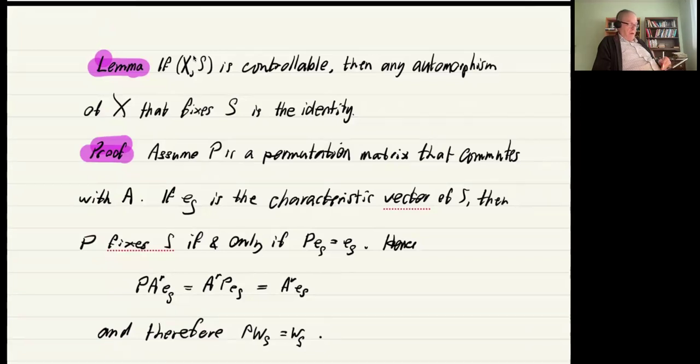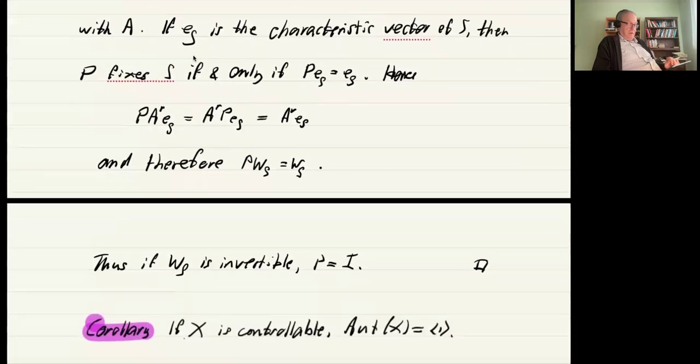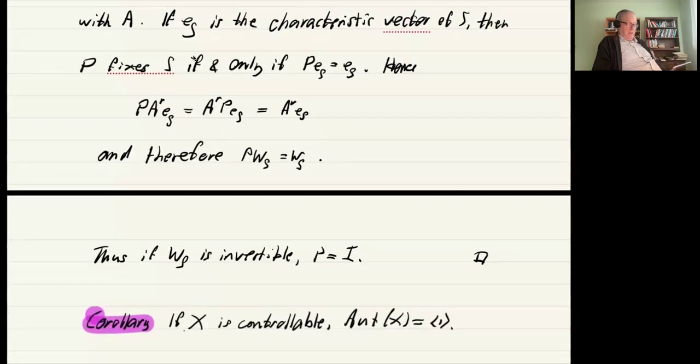And so now we just check, we look at P A^r e sub S. Well, P commutes with A^r, and now P fixes e sub S, so you get that P applied to A^r e sub S is equal to A^r e sub S. And that implies that P maps the walk matrix to itself. But if the walk matrix is invertible, then P is the identity.